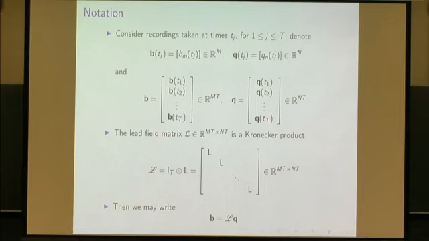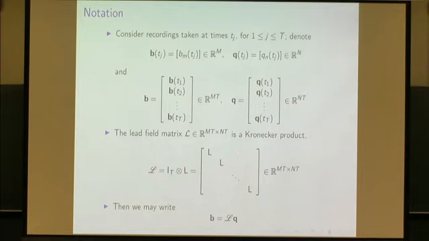So n is of the order of thousands, and then you take as many time slices as you want. Each B is related to Q by this matrix L, so this big B vector and this big Q vector are related to each other by this script L operator, which is block diagonal, just a Kronecker product of the T identity matrix and this L. So we are repeating our lead field matrix on the diagonal.